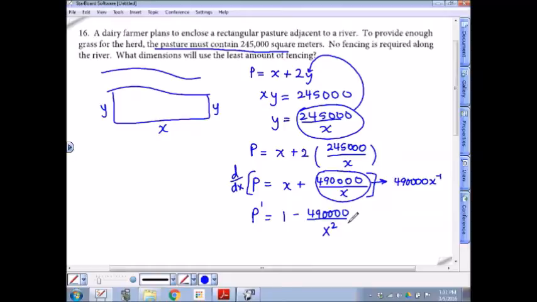Now because this is an optimization problem, we want to find a minimum or a maximum. So remember, the way to do that is to set the derivative equal to 0, find the critical values, test them to see whether it's a min or a max. So I'm going to add this expression here, the 490,000 over x squared, to the right side and get 1 equals that.